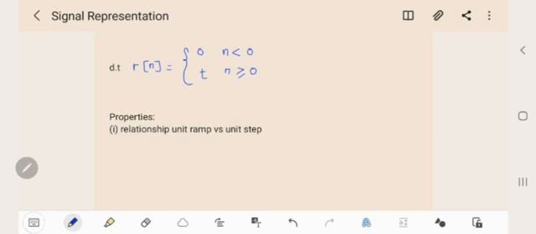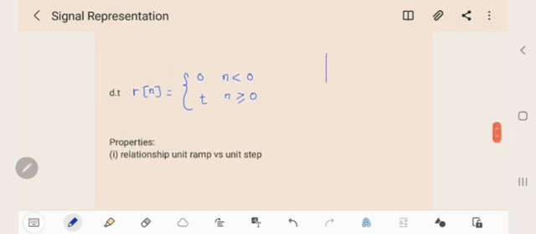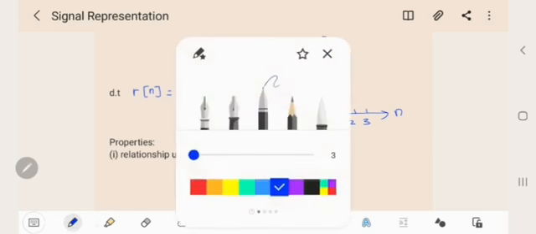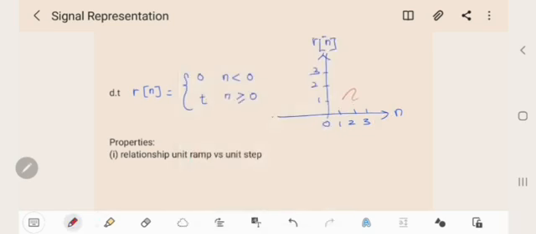The signal will look like this, with n at 0, 1, 2, 3, and the values will be 1, 2, and 3. This is the discrete signal.